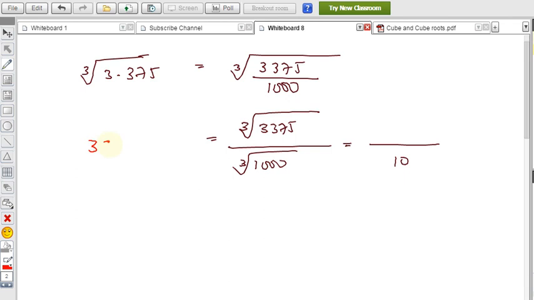3375. 2 table: 2 ones are 2, 2 threes are 6, 2 sevens are 14, 2 eights are 16. It does not go in the 2 table because the units place is 5. So let us take the 5 table. 5 sixes are 30, 5 sevens are 35, 5 fives are 25. 5 ones are 5, 5 threes are 15, 5 fives are 25, so 675 we are getting.